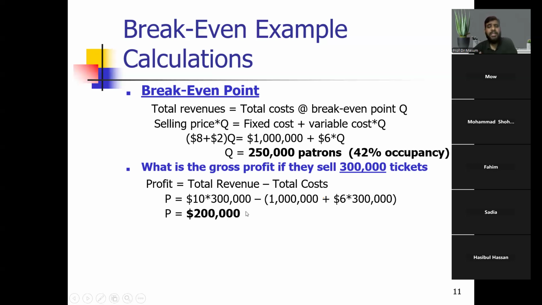So when you are comparing, we have given you the foundations. In the real world, you first identify the sales price of all the alternatives, the variable cost of all the alternatives, and the fixed cost of all the alternatives, and then you calculate the break-even point.